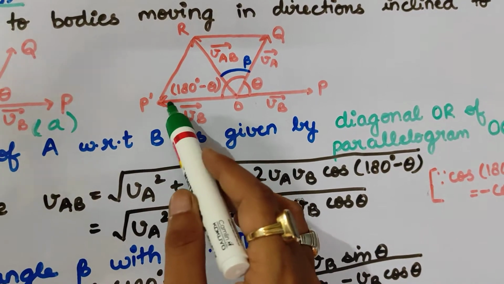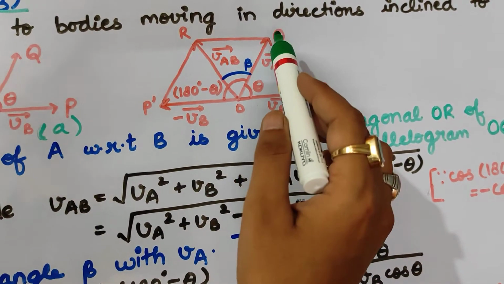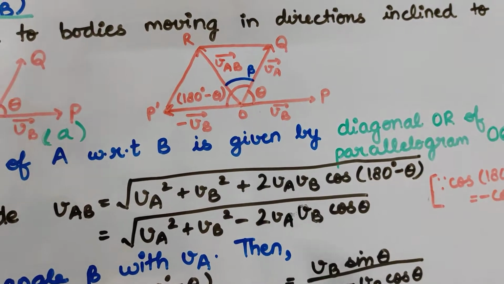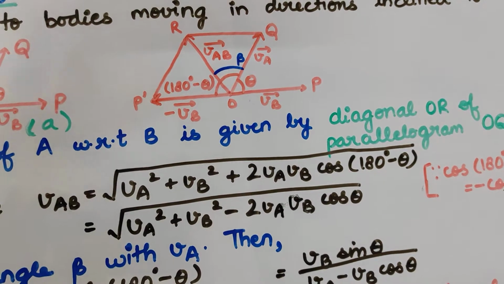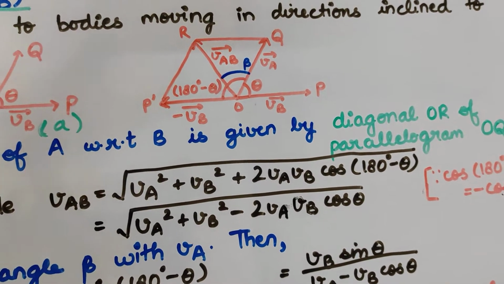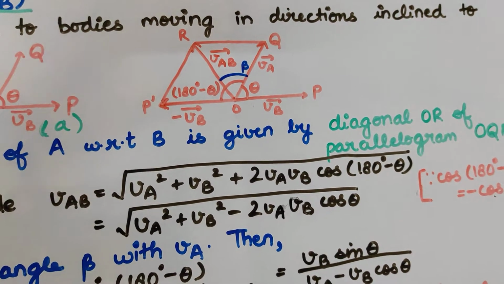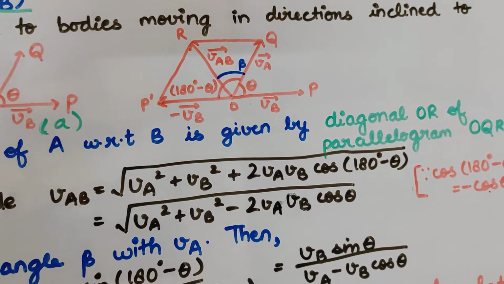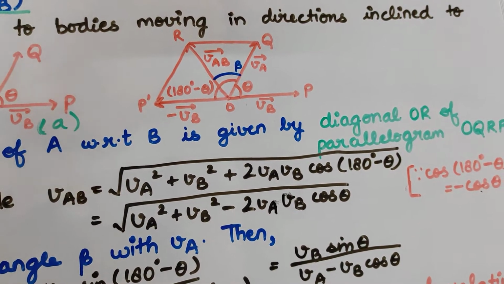Now if we see this figure OQRP dash, it is a parallelogram, and there is a law of vector addition of parallelogram, which we have not studied till now.